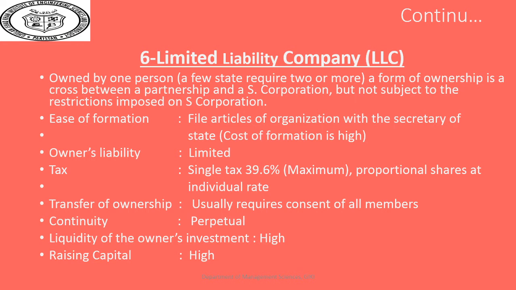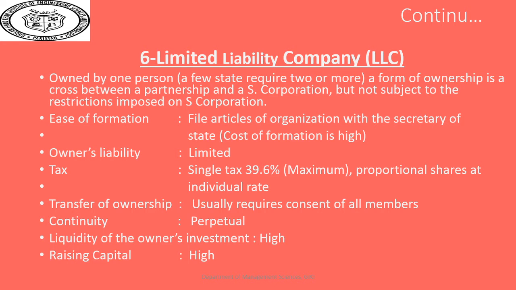The form of ownership is a cross, which means somewhere between a partnership, a corporation, and an S Corporation. It is not subject to the restrictions imposed on S Corporations. Therefore, they are avoiding the restrictions on S Corporations and partnerships.